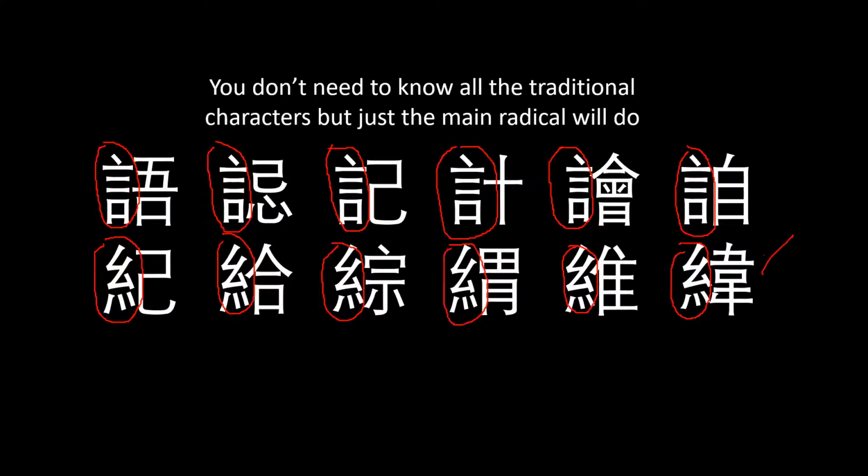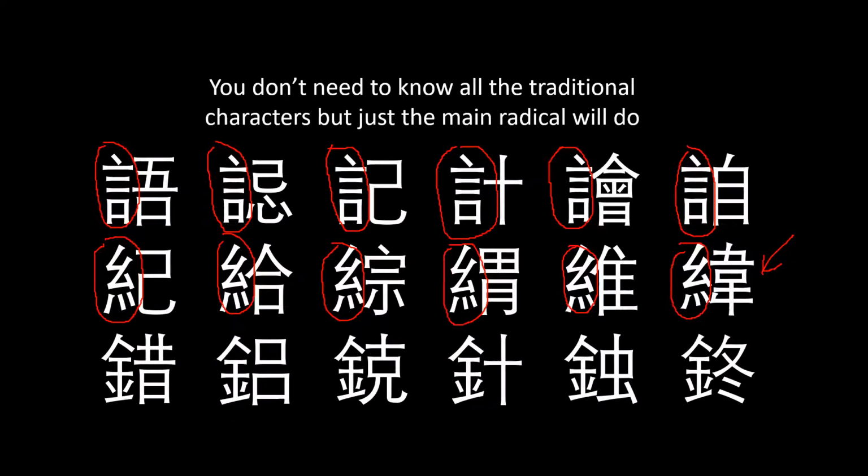This word should also be simplified as well. Now, likewise, for this metal radical, you just copy and paste, and this will be your traditional form. So here in this case, it's actually quite easy.